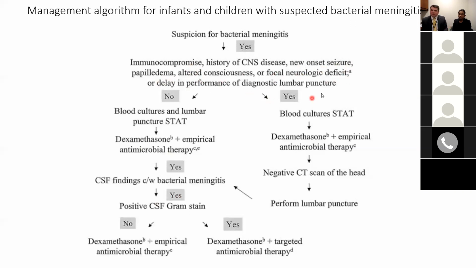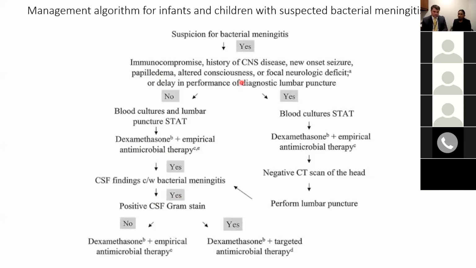If they have any of these things and you did an LP, you're relieving pressure lower down in the back, then the pressure up in the brain might push down, and then the brain herniates, where they can't breathe, and then all of a sudden they have a bad outcome.